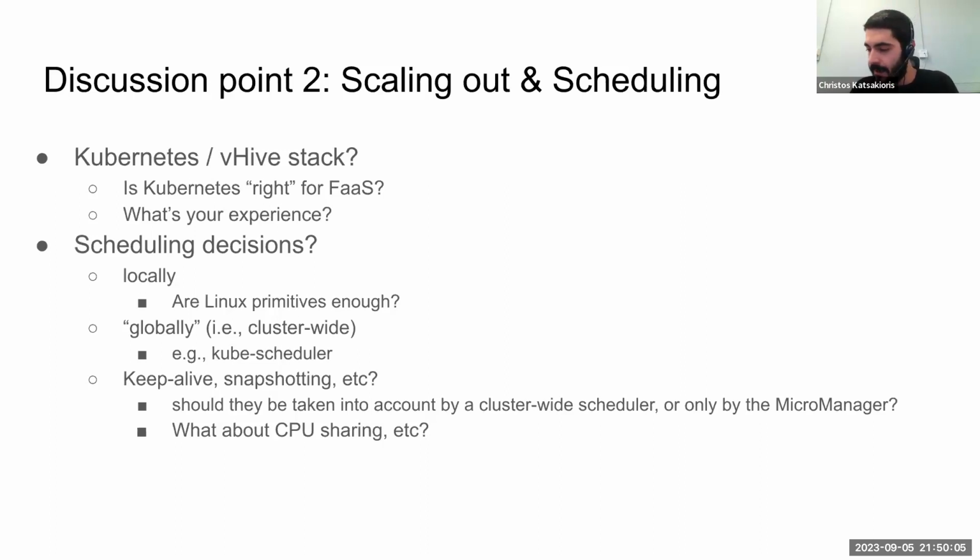It gets a little bit complicated if we take into account the various keep-alive policies and especially snapshotting, or what resources can be shared among snapshots, etc. There's certainly room for improving scheduling over Kubernetes in that respect.